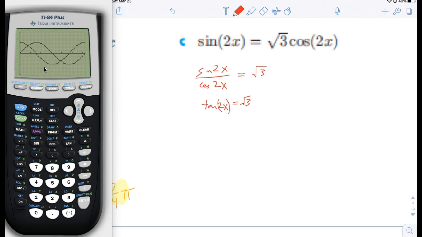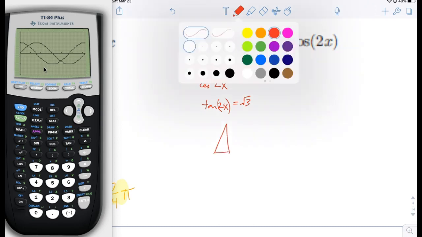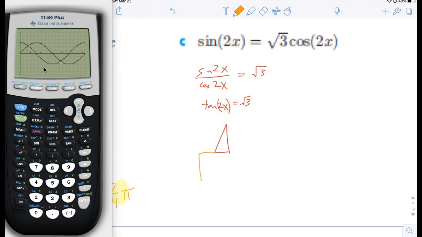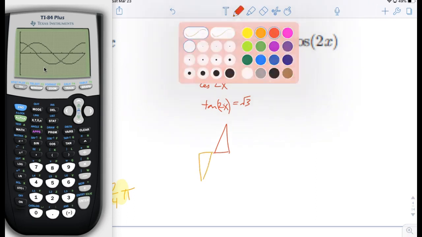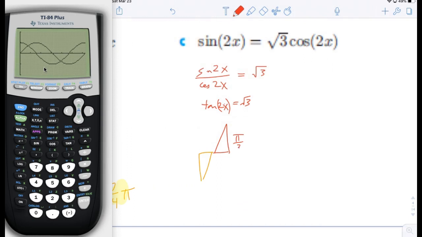Okay, what triangle has a tangent of square root of 3? That would be this triangle or this triangle. The red triangle would be pi over 3. The orange triangle would be 4/3 pi. Okay, those are the two triangles that have a tangent of square root of 3.